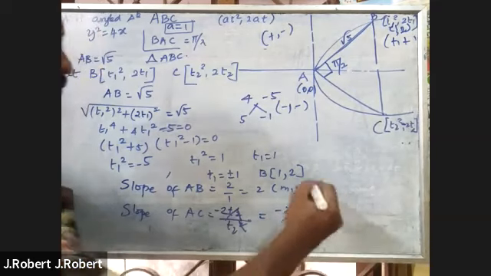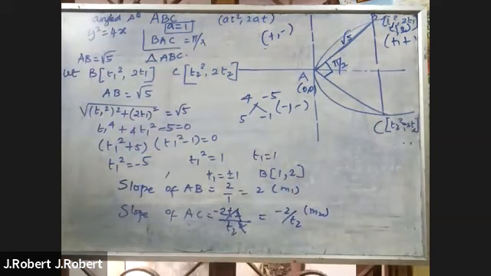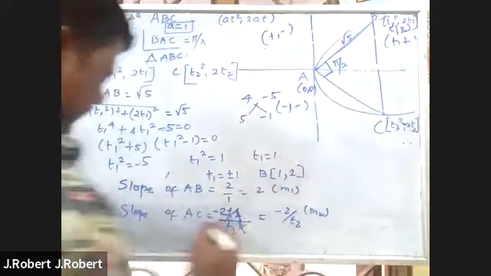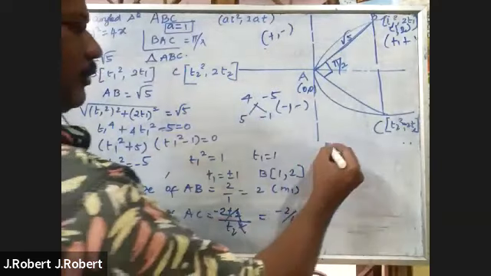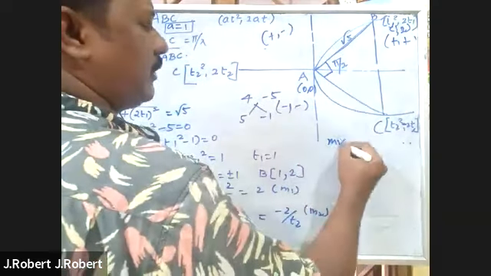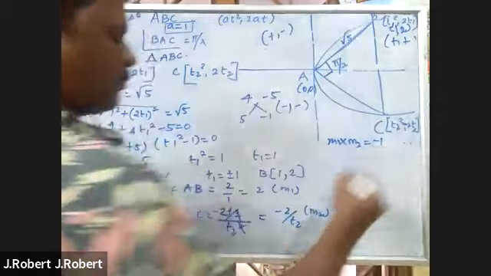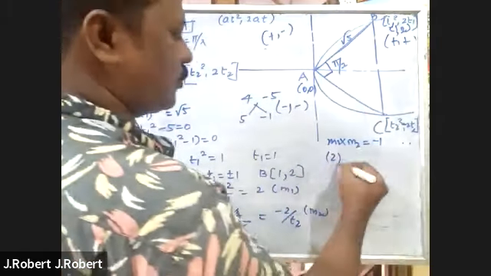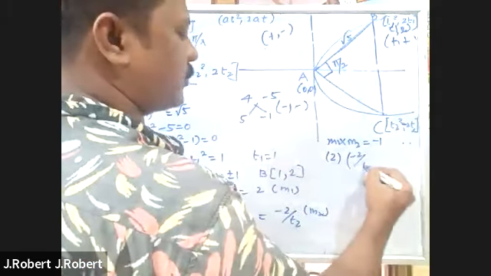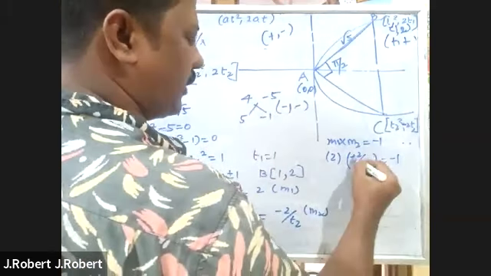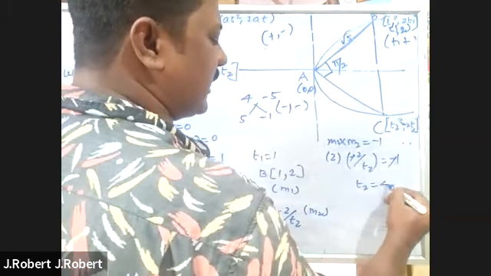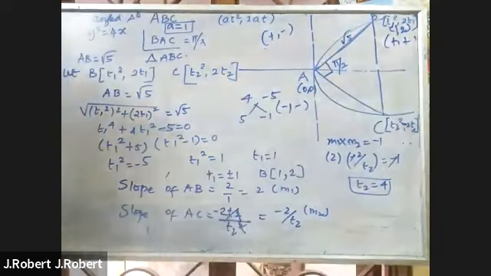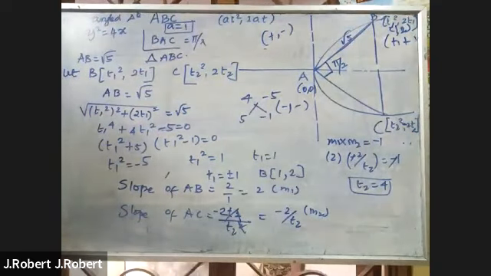This is called m2, correct? Here we can write this as slope of AC. Since these two are perpendicular, m1 into m2 is equal to minus 1. Your m1 is equal to 2 and your m2 is equal to minus 2 by t2, equal to minus 1. Minus cancel. From this we can say t2 is equal to 4.